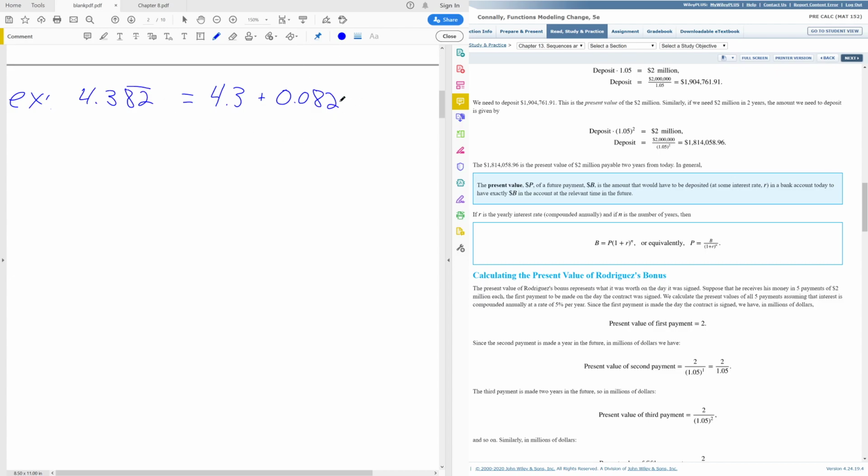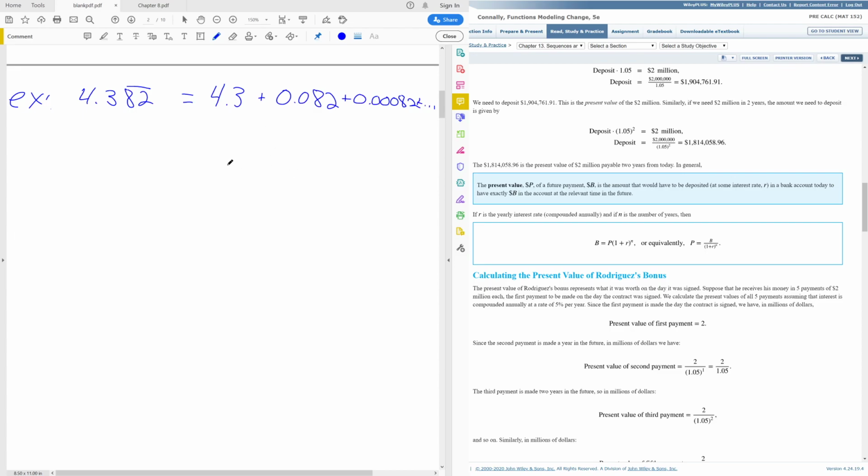But because there's a repeating sign, I have to say, okay, plus point, and now I have to fill in the zeros from what I currently have. So I need 1, 2, 3 zeros, and then put on another 82, right? Because that'll just kind of fill in the spaces. And then that's going to go on forever.